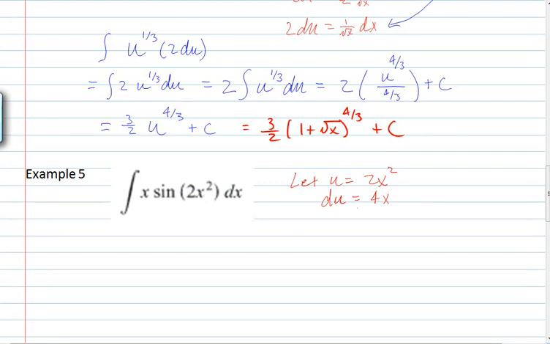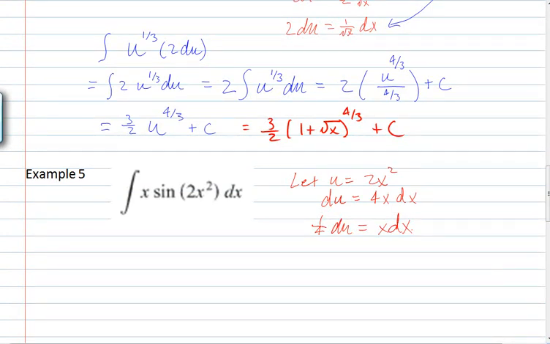I have an x dx, but I don't have a 4 dx, so what do I have to do here? 1/4 du is equal to x dx. I show all this work on my tests, on my homework, everything.